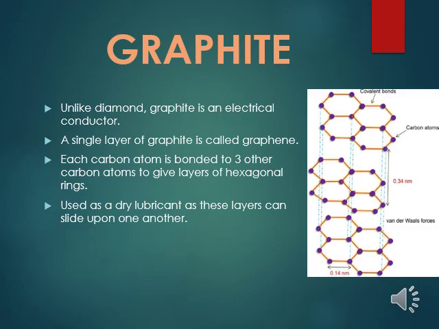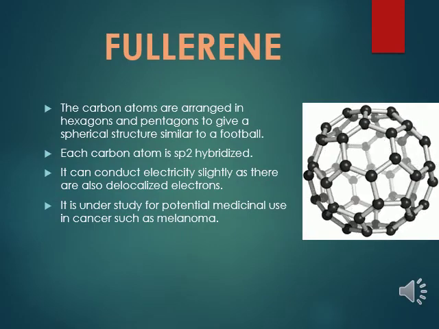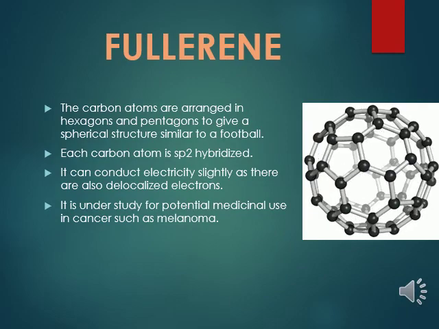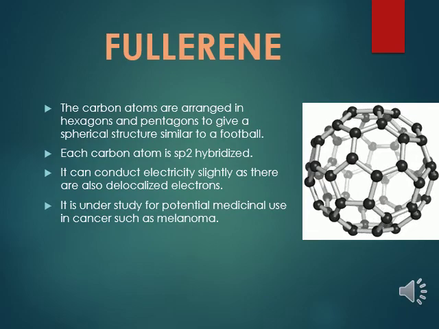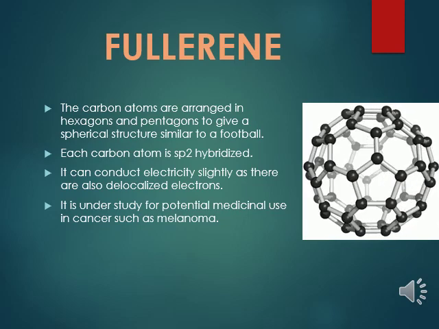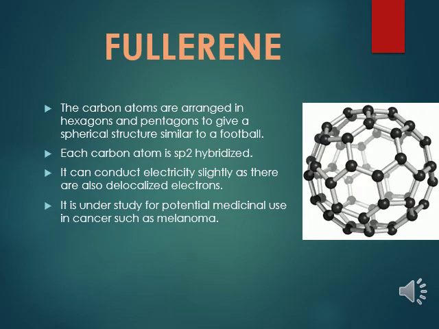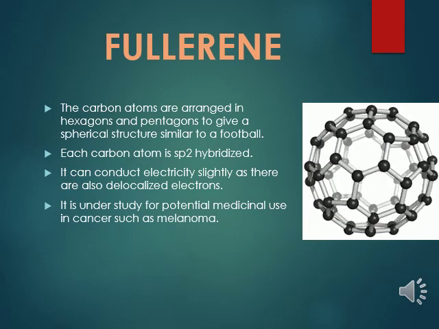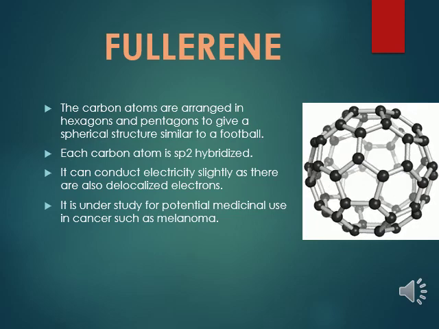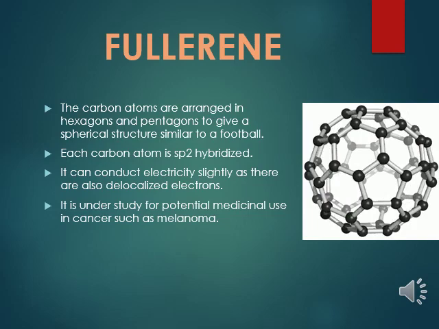Okay, so after graphite, we have fullerene, and as you can see in the picture, it looks like a football, but wait a minute, it's not a football. In fullerene, the carbon atoms are arranged in hexagons and pentagons to give a spherical structure similar to a football.